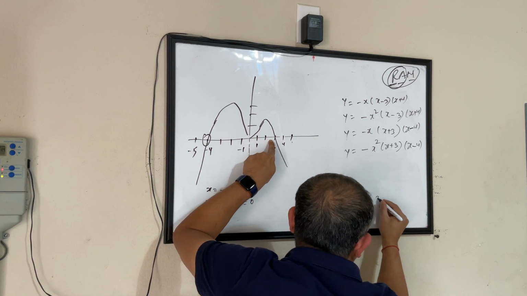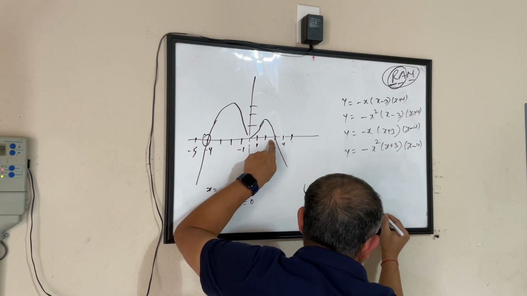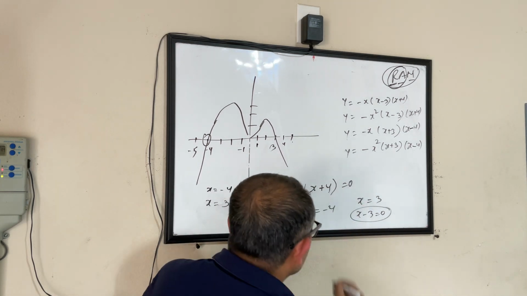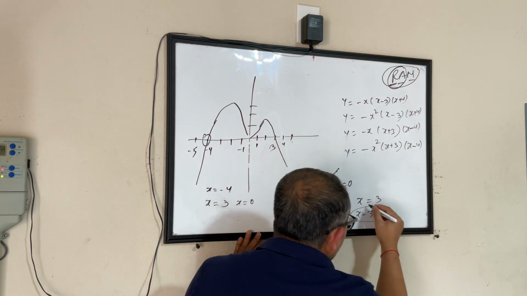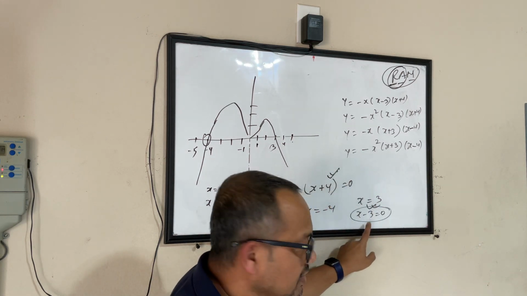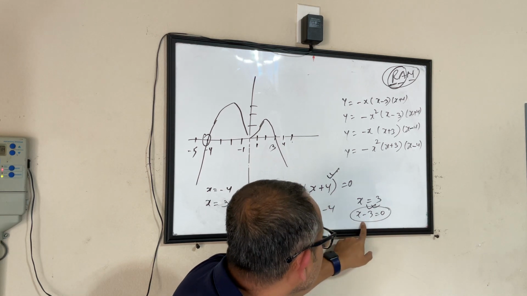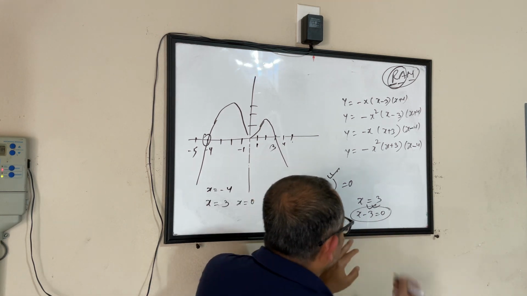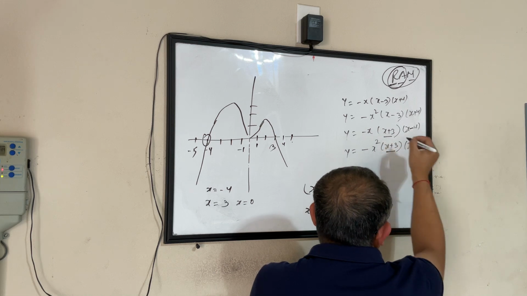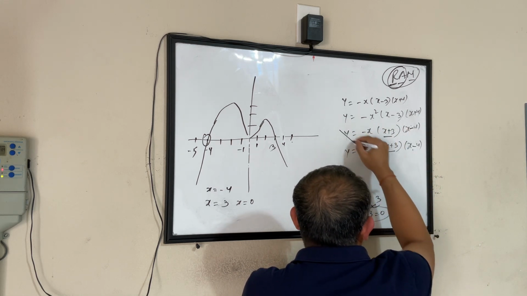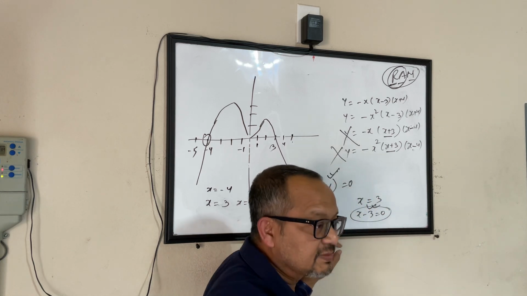So x equal to 3, that means x minus 3 equal to 0. So you are essentially talking about x plus 4 and x minus 3 being in your factors for sure. Anything which doesn't have x plus 4 and x minus 3, you can rule out. See, here you see x plus 3 and x minus 4, when it's supposed to be x plus 4. So this option and this option you will just simply rule out.